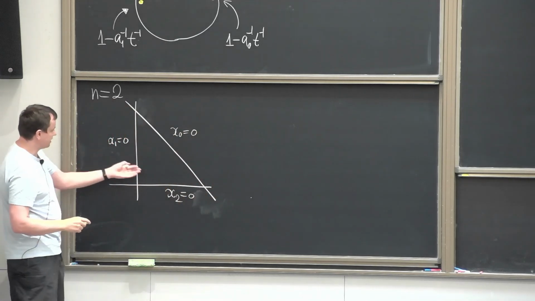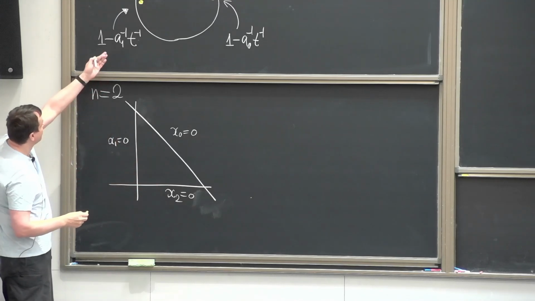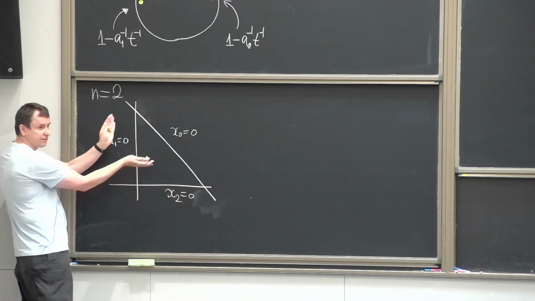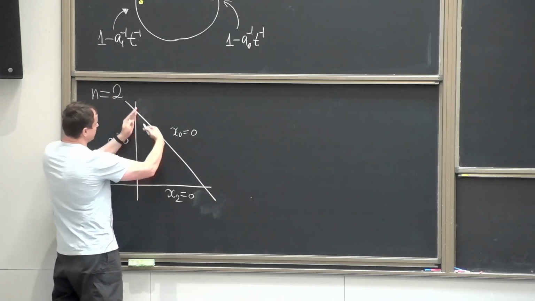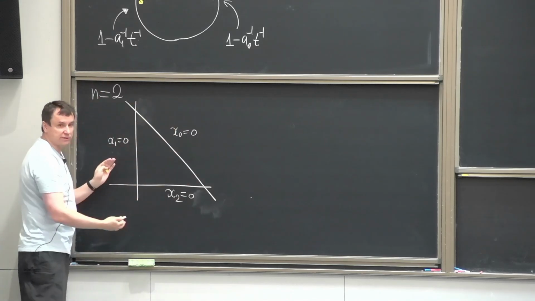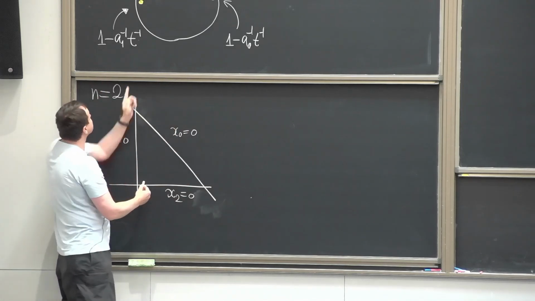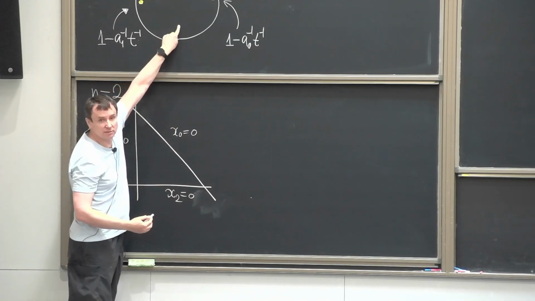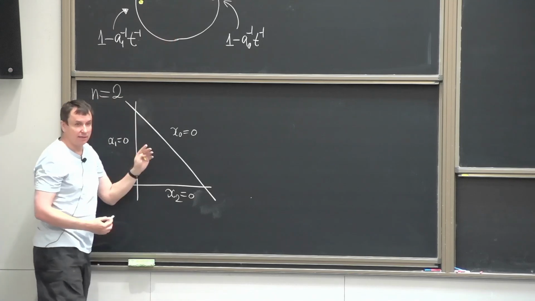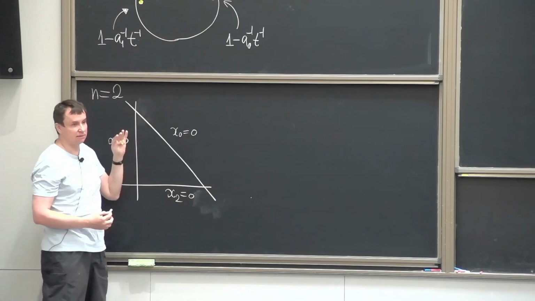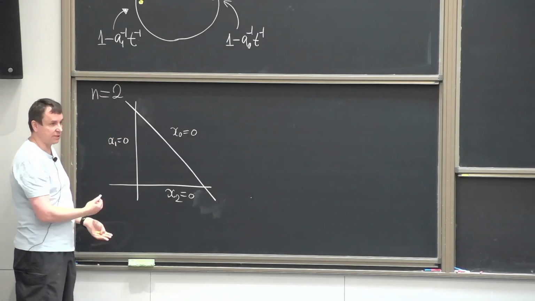And so, similarly, each one of these lines is a copy of the projective line, and each one of them is a divisor in the projective plane.